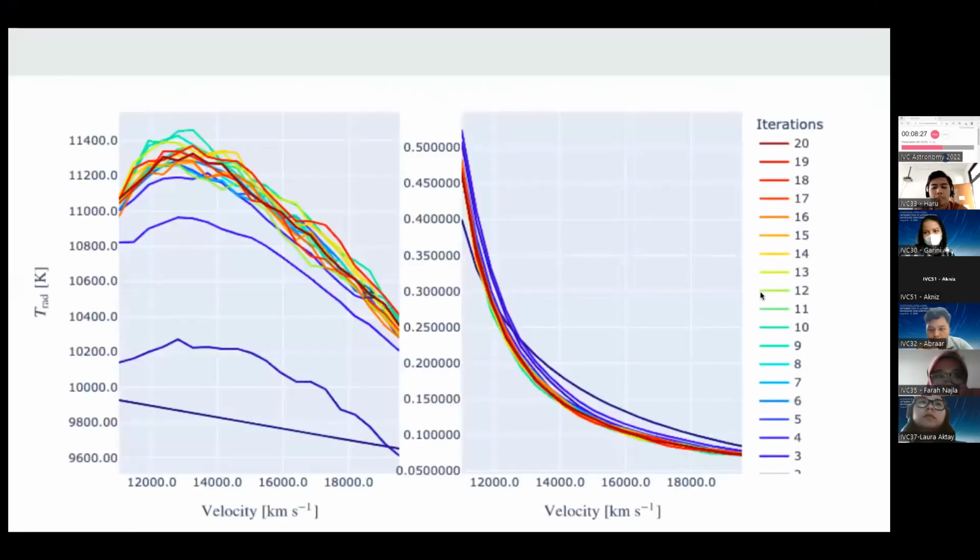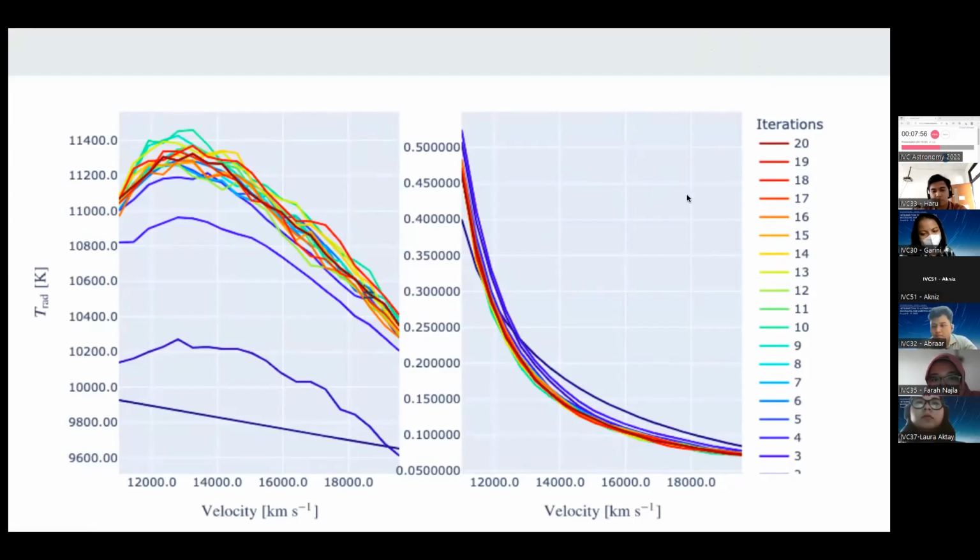Okay. Next, we will see the result of the simulation, in which the output is graphs. We see 2 graphs, in which the left shows the radiation field updating through the envelope of the supernovae. The y-axis parameter is the temperature in Kelvin, and the x-axis is the velocity.